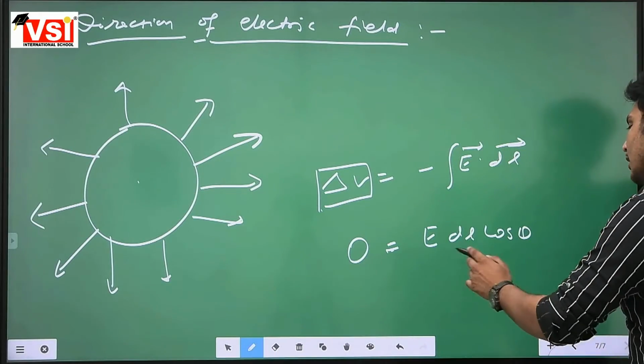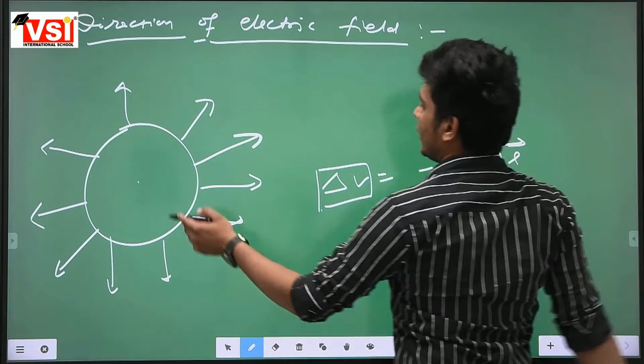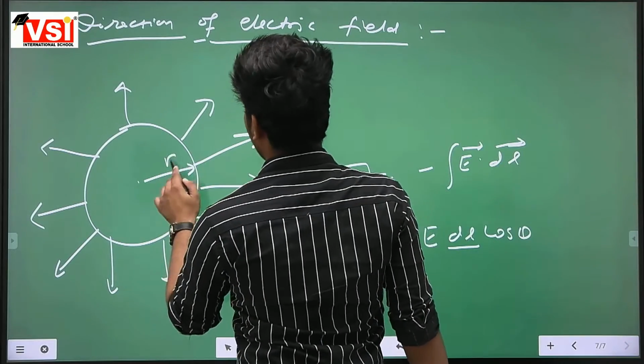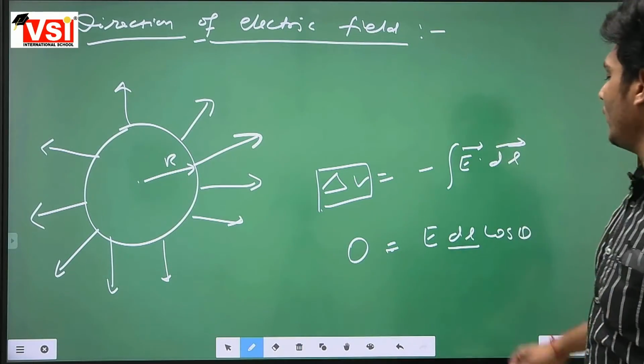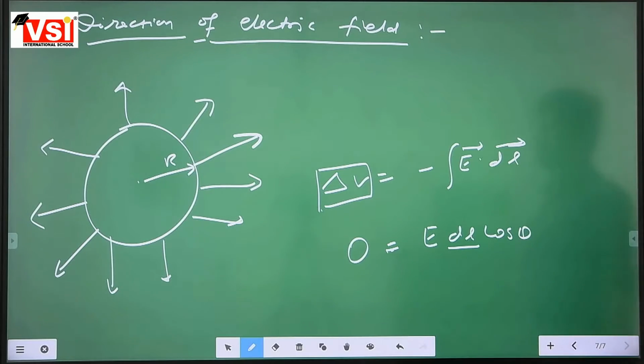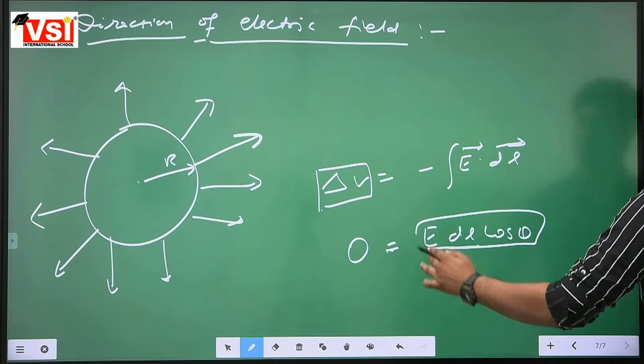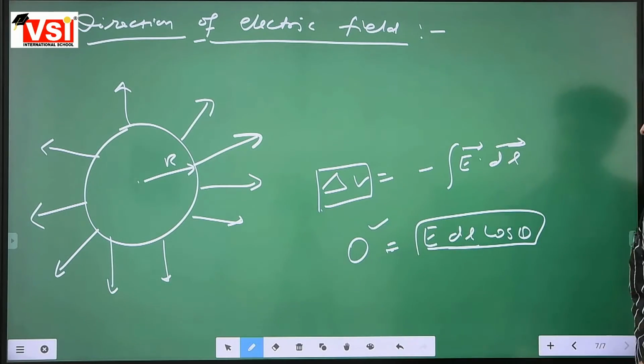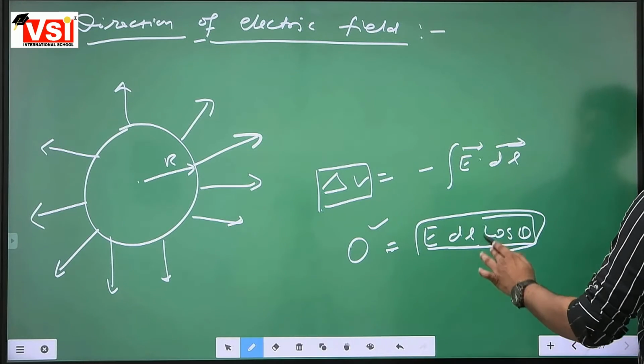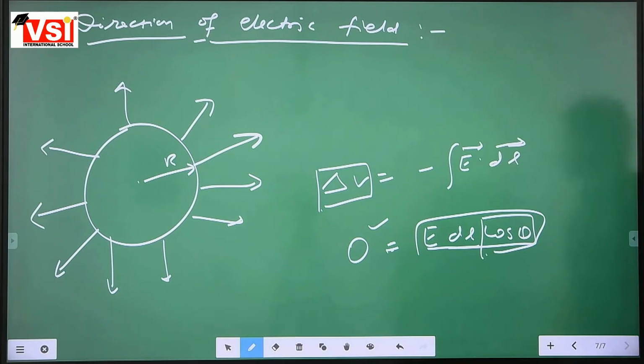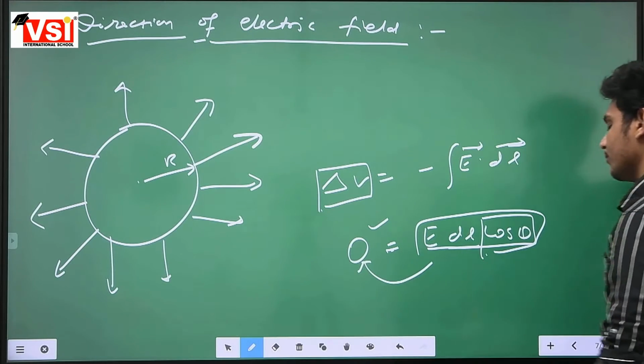And dl is also not 0 because we are calculating electric field by r distance. So E is not 0, dl is not 0, but the multiplication of all the three quantities is equal to 0. It indicates that cos theta must be equal to 0, because E is not equal to 0 and dl is also not equal to 0.